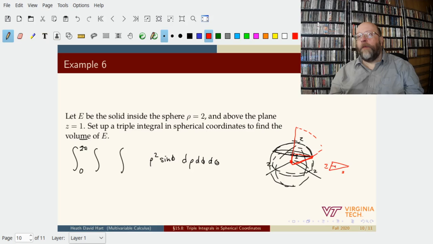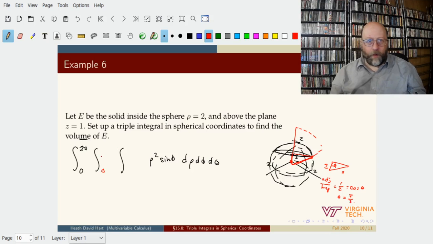And this is going to be the angle we're looking for. Well, this is the adjacent side and the hypotenuse. So the adjacent side over the hypotenuse is 1 over 2. That's the cosine of phi. And if the cosine of phi is 1 over 2, then phi is pi over 3. And so we're going from 0 up to pi over 3.